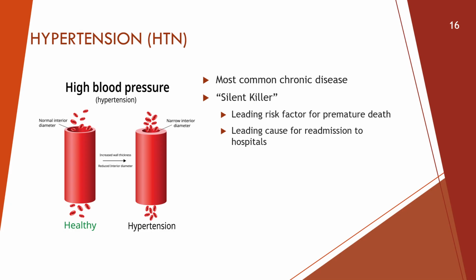So, what other organs can be affected? You guessed it, all of them, including the kidneys and the brain. And that's why it's the leading risk factor for death early on. And it's also the leading cause of readmission to the hospital due to long term complications.